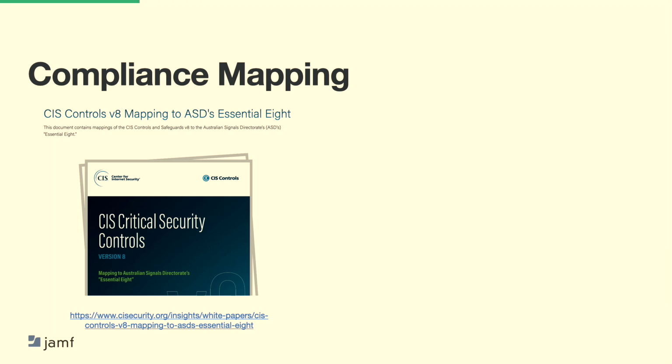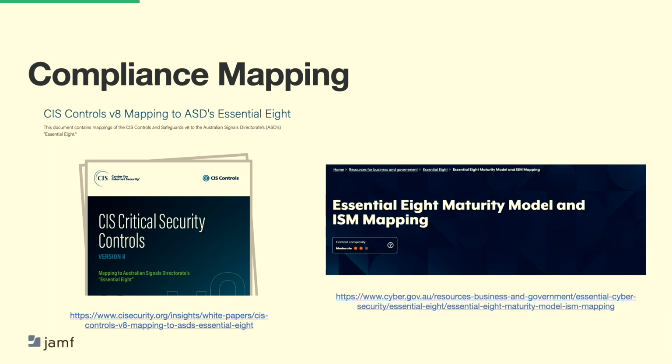CIS and ASD have done an amazing job at compliance mapping. Based on the rules and controls that exist within CIS as well as the ISM, they've done a mapping exercise to help map the controls that exist in CIS to Essential 8. So if you use CIS, it will help you elevate your controls to satisfy the criteria of Essential 8 as well.